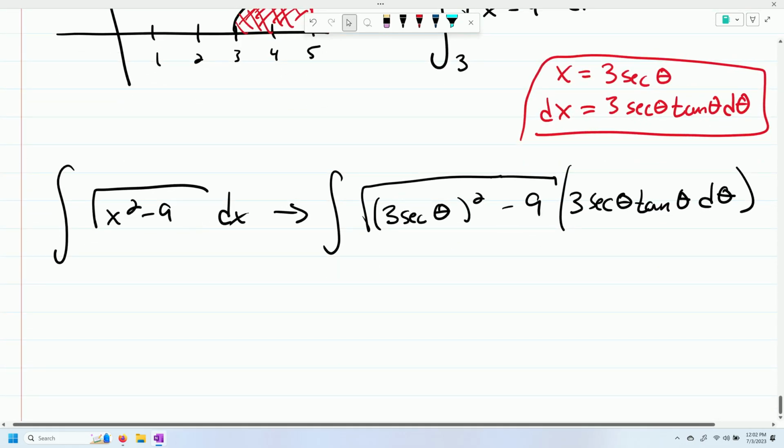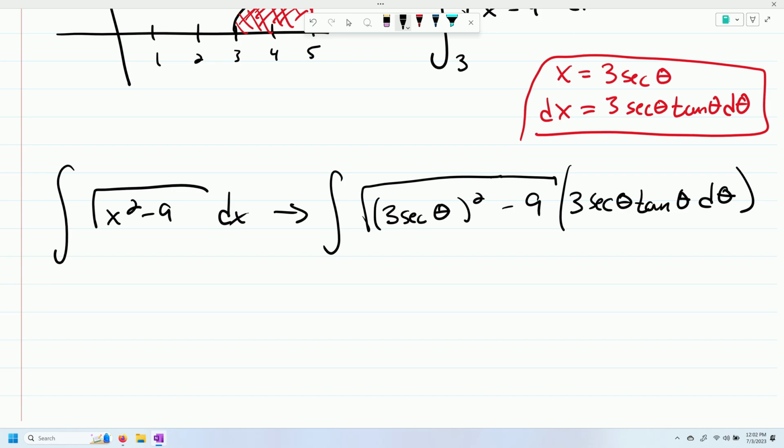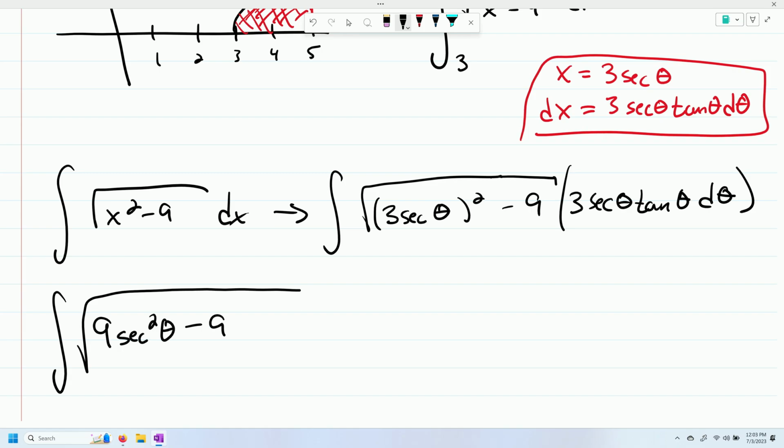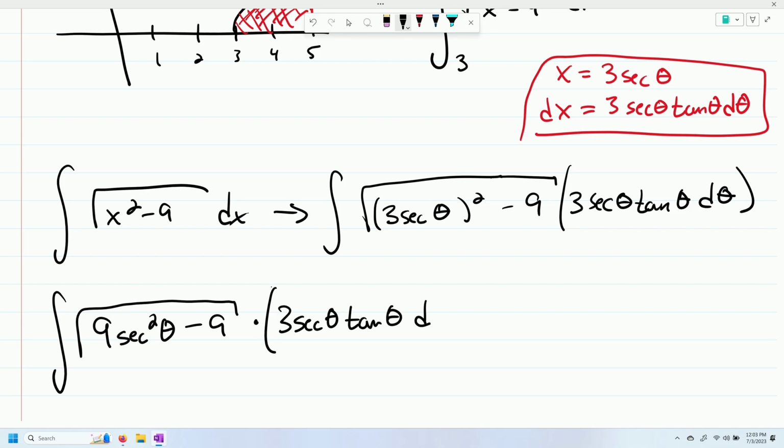Now let's go through our algebra. The quantity 3 secant theta squared is just going to be 9 secant squared theta, minus 9, times 3 secant theta tangent theta d theta.